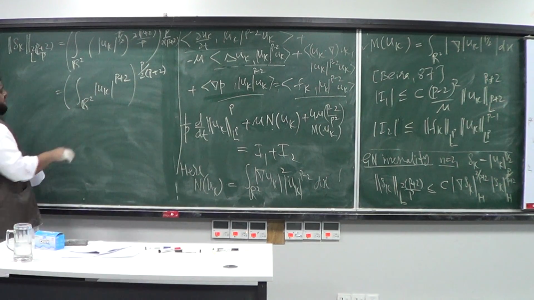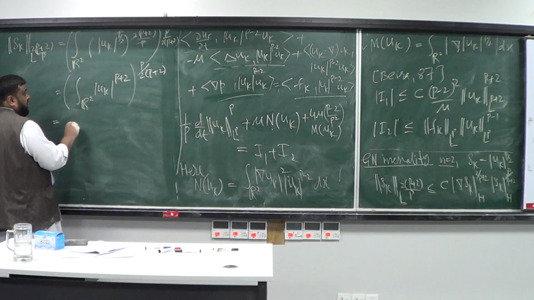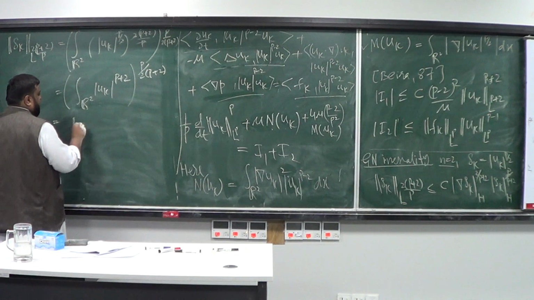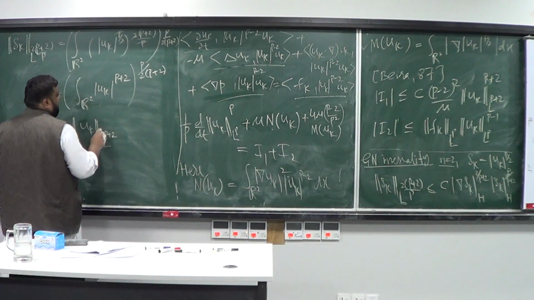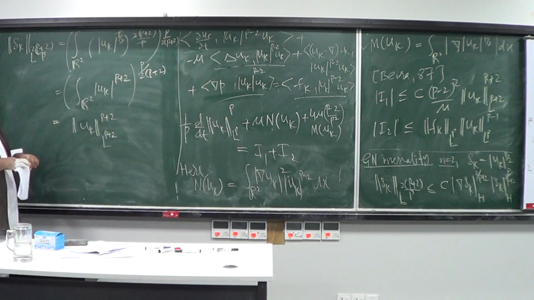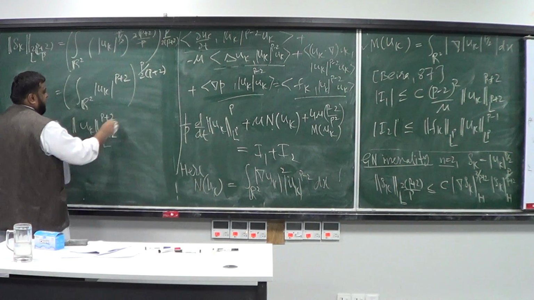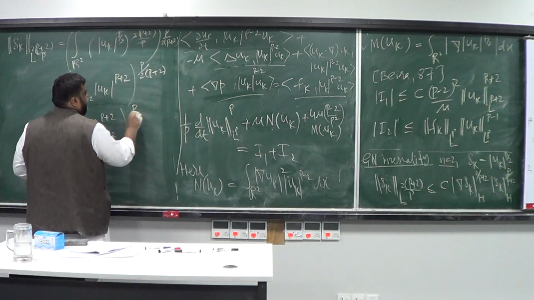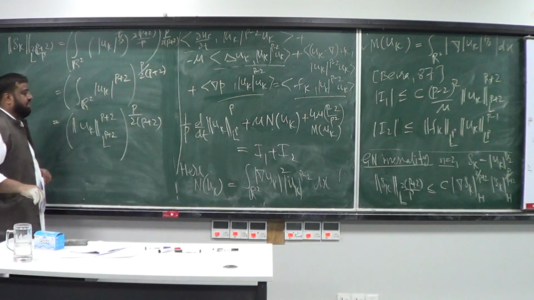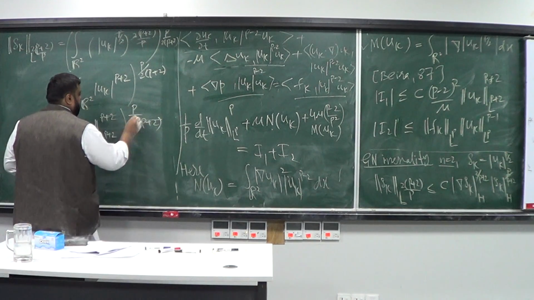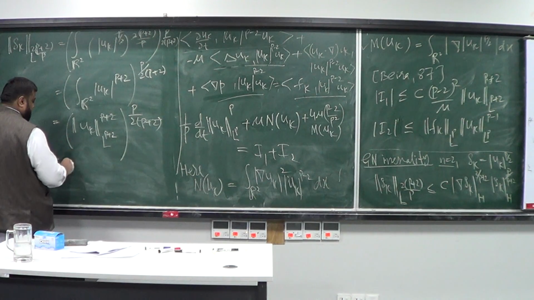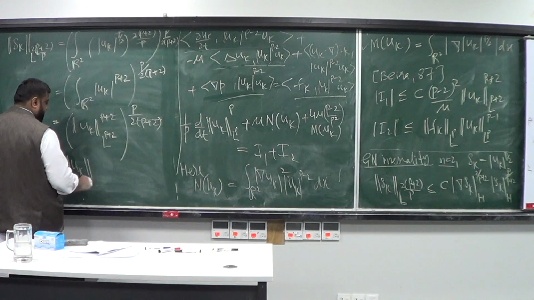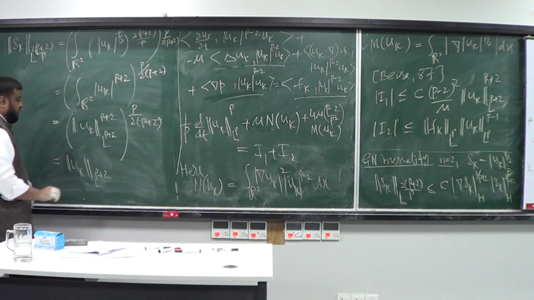And this, I can say, is equal to the LP plus 2 norm of uk power P plus 2, and then everything power P over 2 times P plus 2. These are little calculations. So the P plus 2 and P plus 2 will go away, and this is going to be the norm of uk in LP plus 2, raised to P over 2.